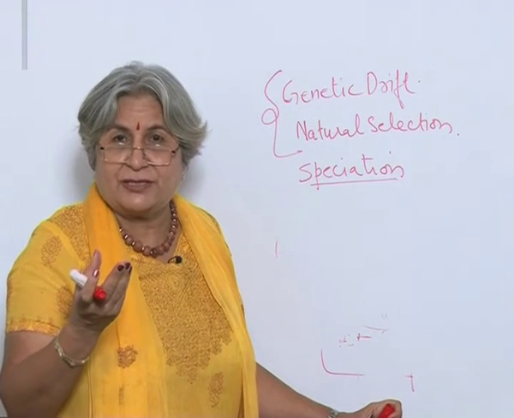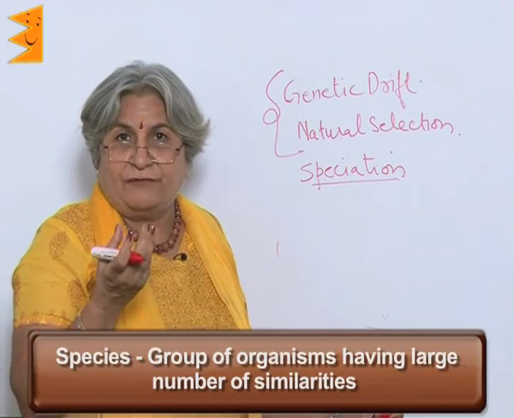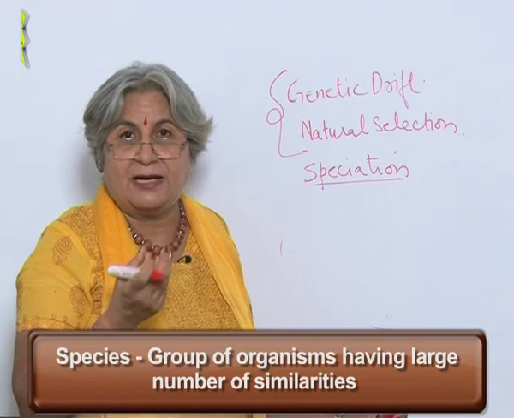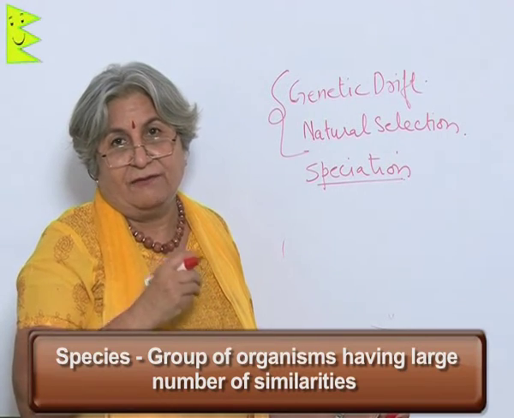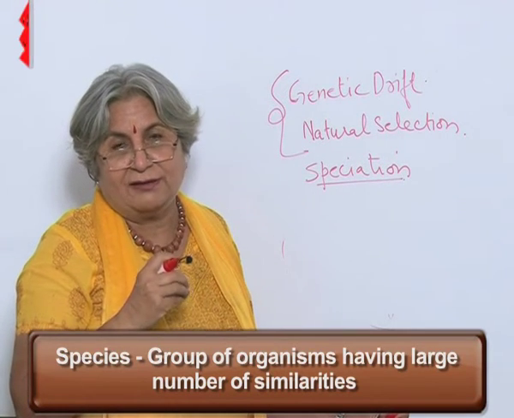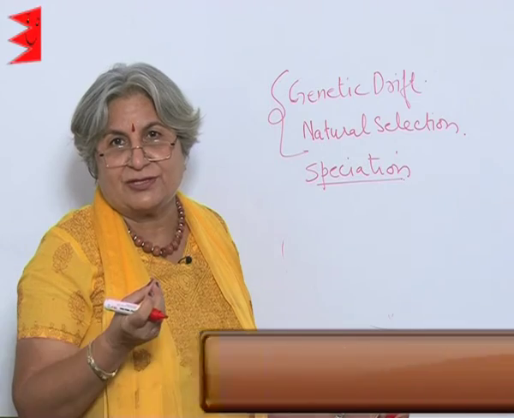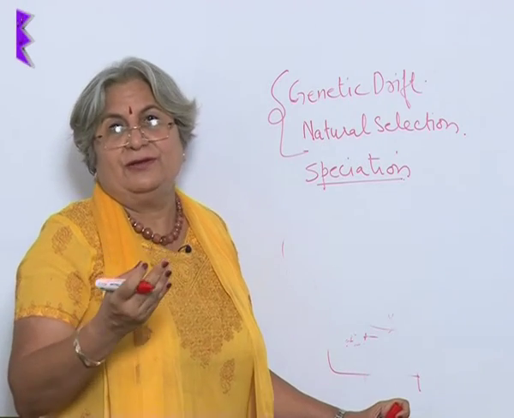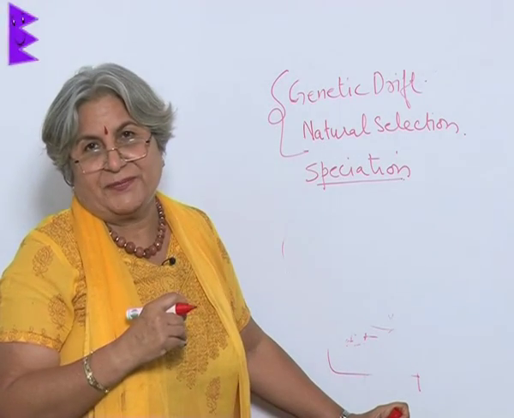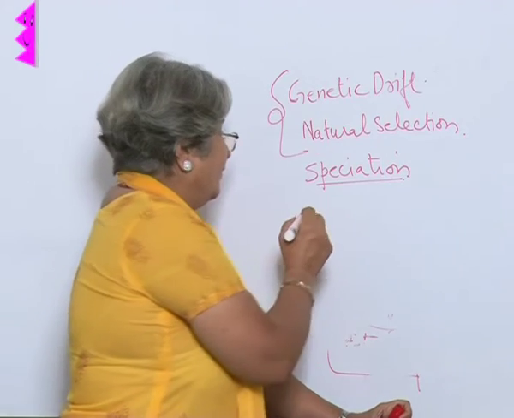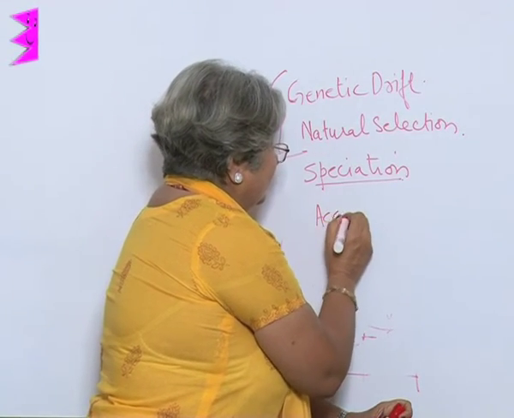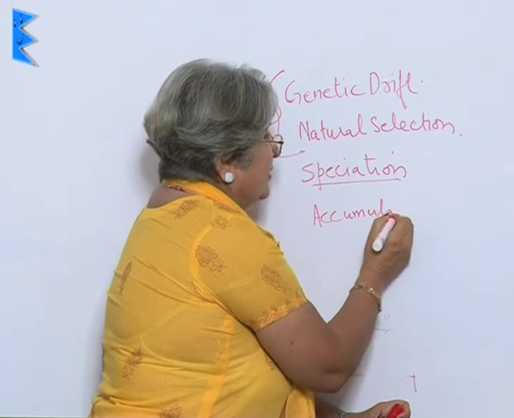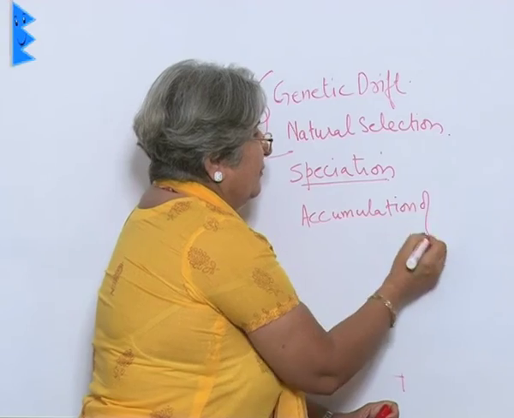What is a species? A species is a group of organisms which have a large number of similarities. When the similarities reduce, then they cannot be put in the same species. So, this is how new species are created, by the accumulation of variations.